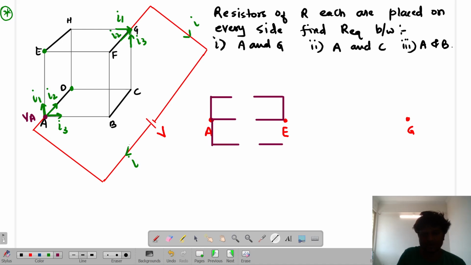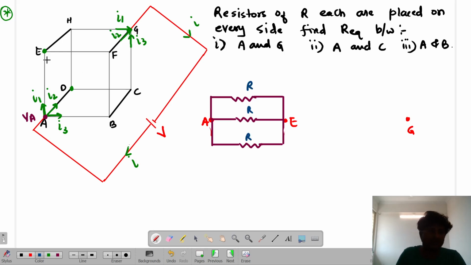Got it. So first part is done. Between A and E there are three resistors. So look, this is point A and this is point E, and each of R is there.